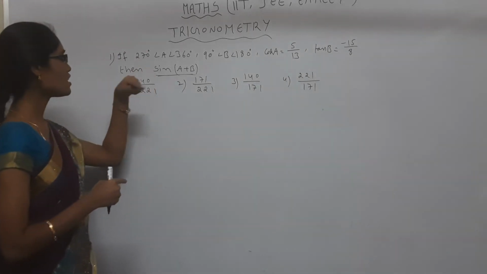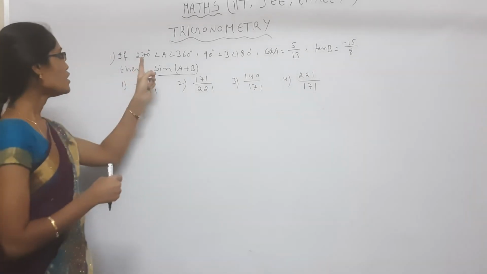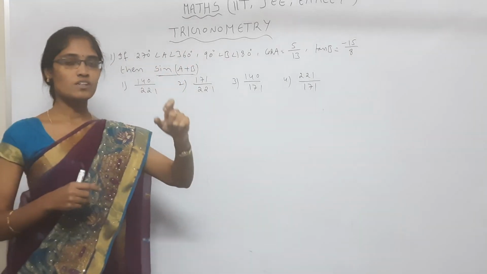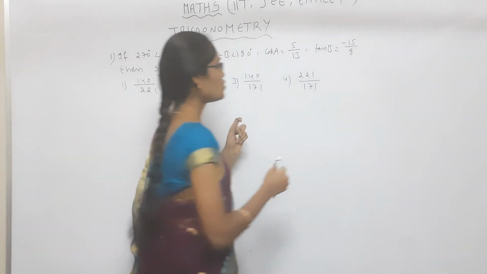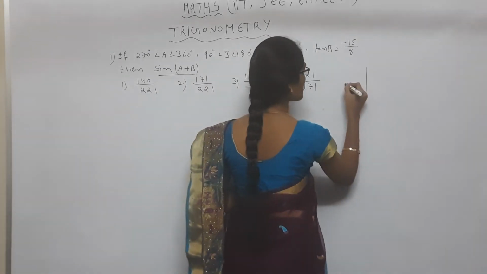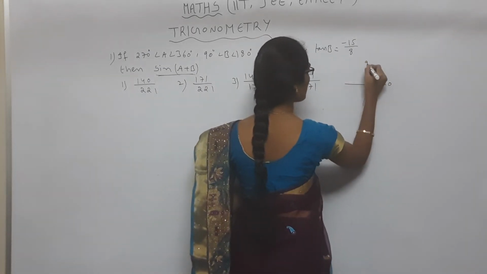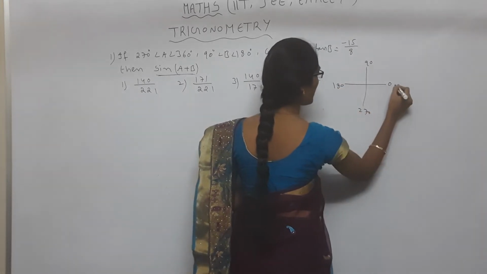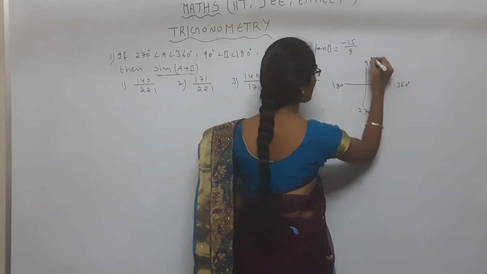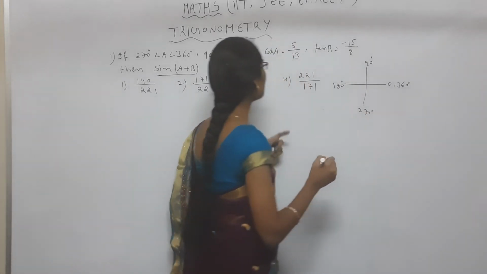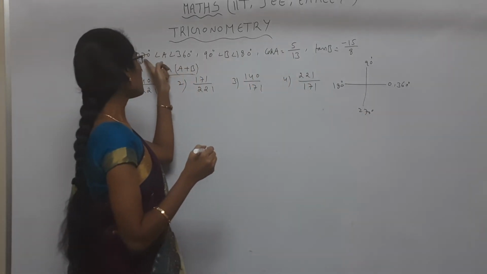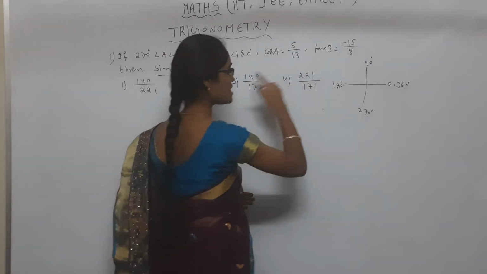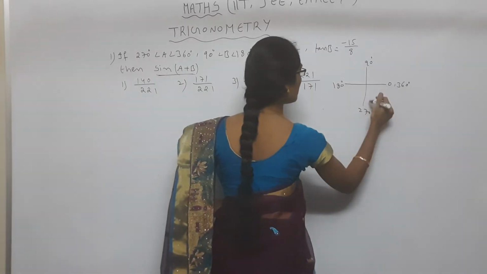See here, what is the given condition in our question? 270 less than A less than 360. First, you have to observe which quadrant. 0, 90, 180, 270 and 360. See here, A lies between 270 and 360.